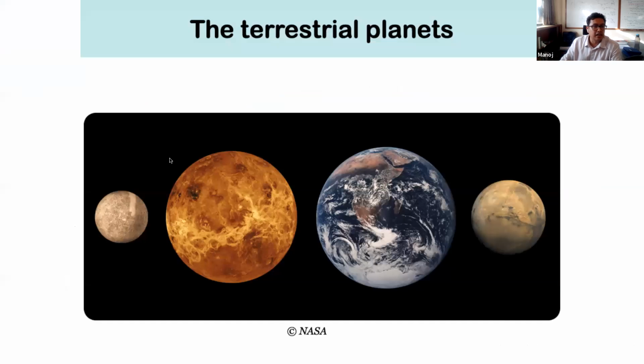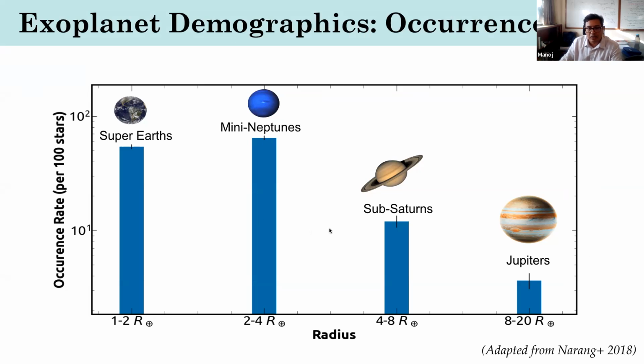One thing you immediately see from here is that gas giants are relatively rare, whereas smaller planets, super Earths and mini Neptunes, are quite ubiquitous. In fact, mini Neptunes are the most common planets among the exoplanetary systems that we have discovered.